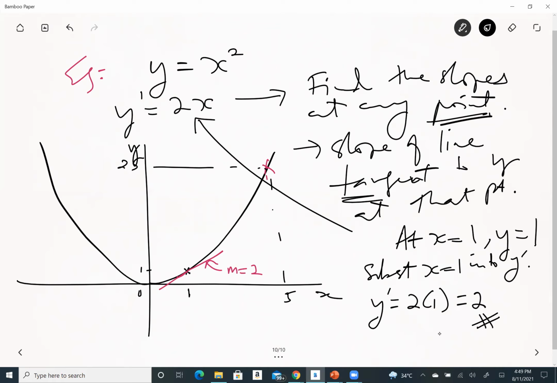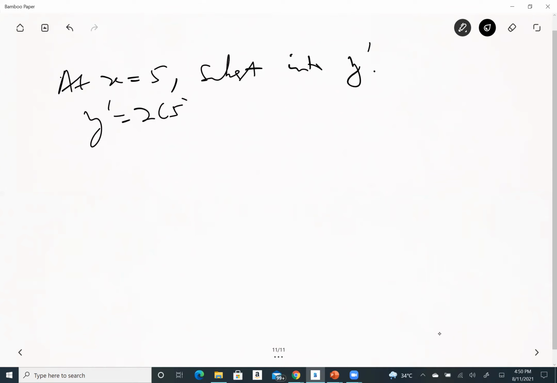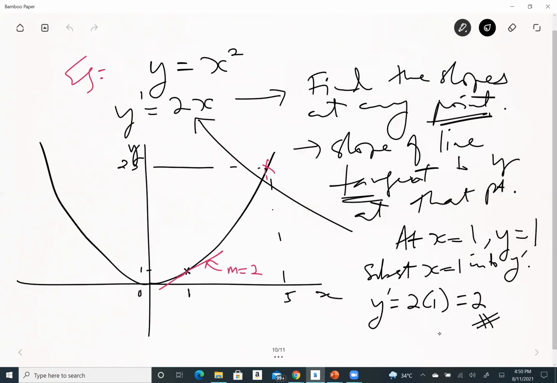Again, you substitute x equals 5 into y prime, so y prime equals 2 times 5 equals 10. So the derivative of the function x squared at x equals 5 is 10. It will be the slope of the straight line tangent to that curve at x equals 5, so m equals 10.